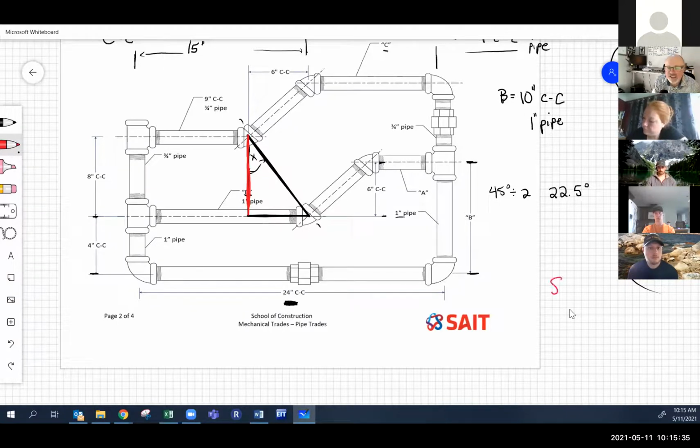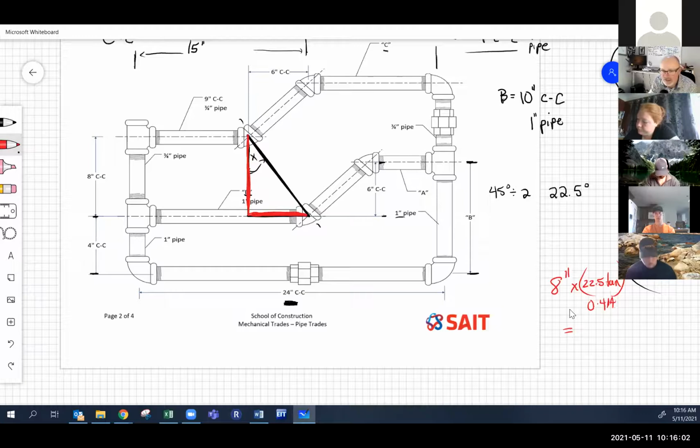It's 8 inches. And if I multiplied that by the tan 22.5, 0.414, I can get this measurement right here. That would give me the rise of this triangle.